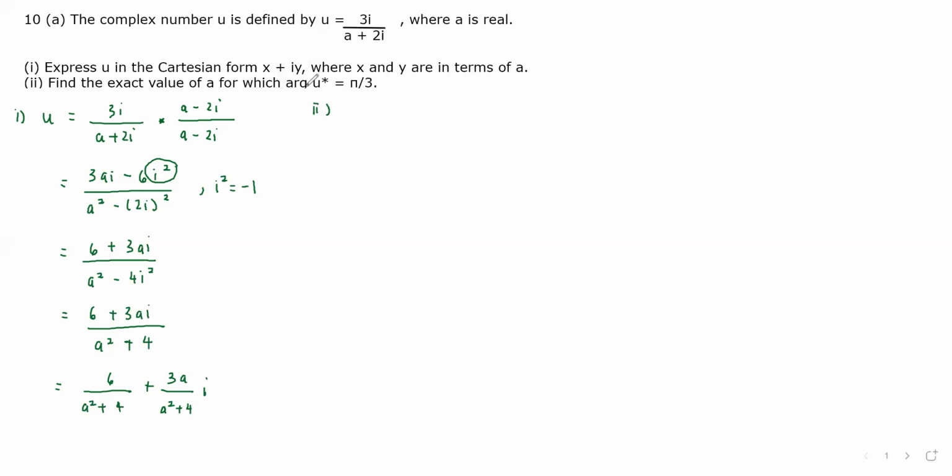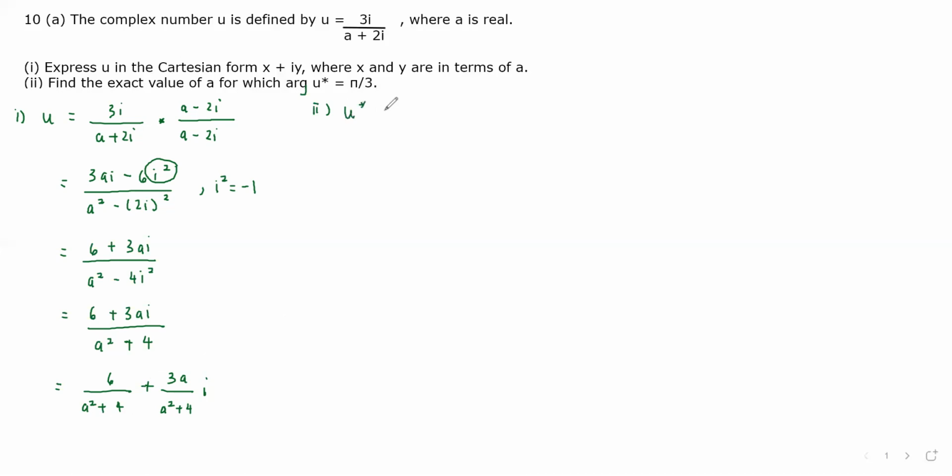Second part, we need to find the exact value of a for which the argument of the conjugate of u is pi over 3. U is 6 over a squared plus 4 plus 3a over a squared plus 4 i.